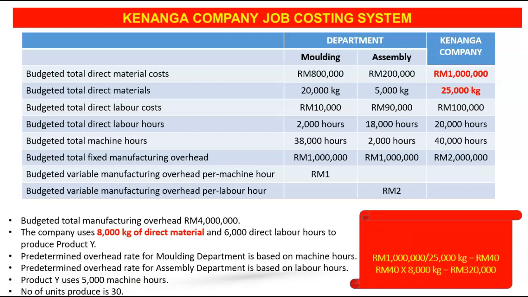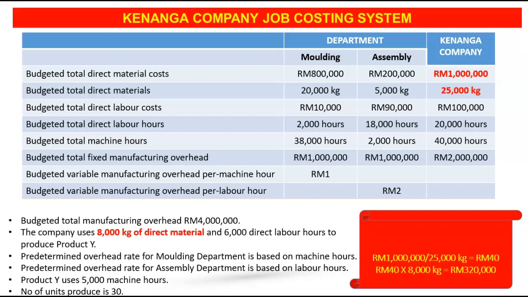The first step is to calculate direct material cost. The budgeted total direct material cost is RM1 million. Can you see the one highlighted in red? And the budgeted total direct material is 25,000 kilogram.